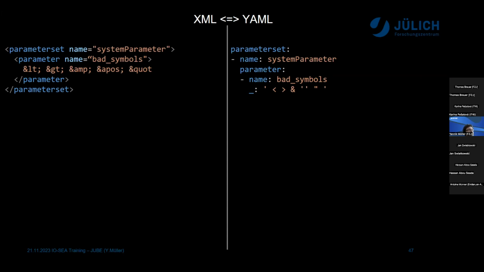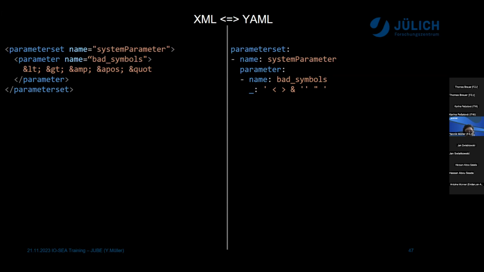Yeah, here are some examples where YAML mostly shines. So for example, there are 5 common symbols, or some of them are actually quite common for JUBE scripts, like the greater or less sign. Every time you have a Python expression with greater or less, you would have to encode them.